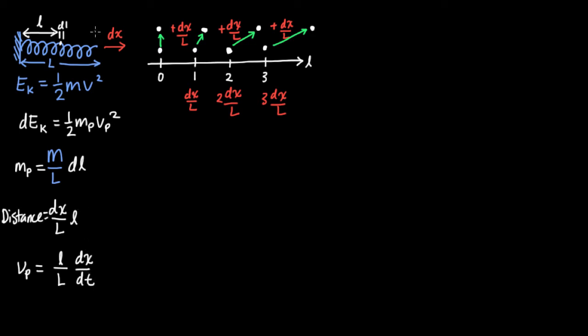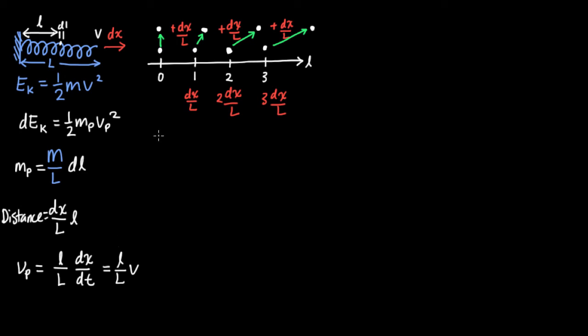If the point at the end of the spring is moving with speed v, the speed of each point is l over capital L times v. So now we have equations for the mass of a point and the speed of a point.